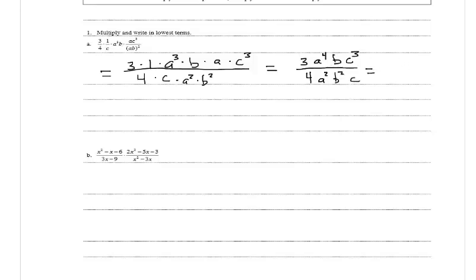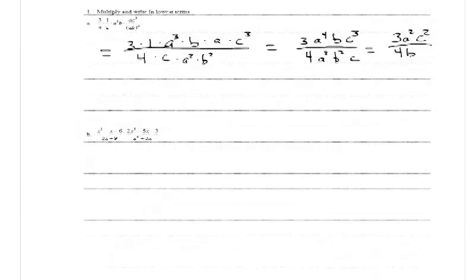Now 3 and 4 don't simplify, so I end up with a 3 in the numerator, and then a to the fourth divided by a squared gives me a squared, 4 minus 2. I have b divided by b squared, which would be b to the negative 1 in the numerator, so I'm going to write it in the denominator as a single b. And c cubed divided by c leaves me c squared.